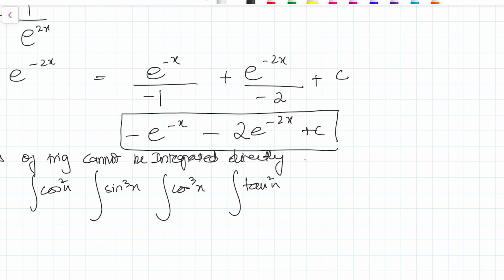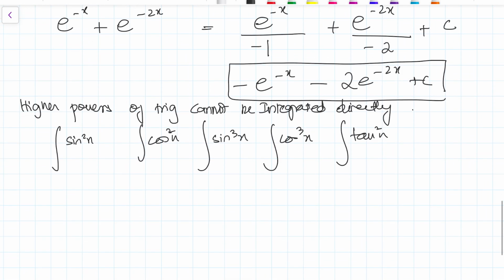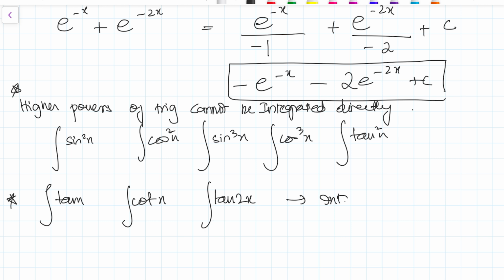You will have to use trigonometric identities to integrate these. Similarly, to integrate tan x, cot x, tan 2x, we use integration by recognition, which will also be discussed in the next couple of videos.